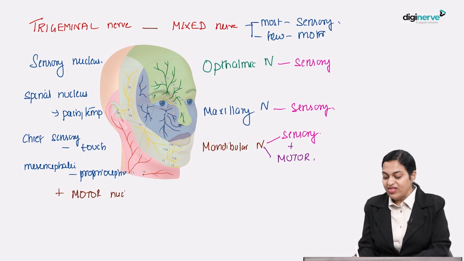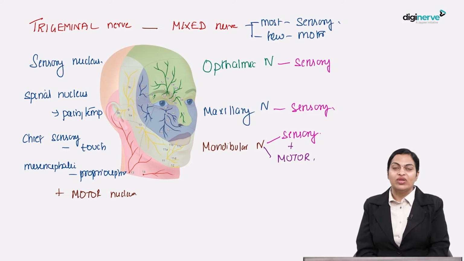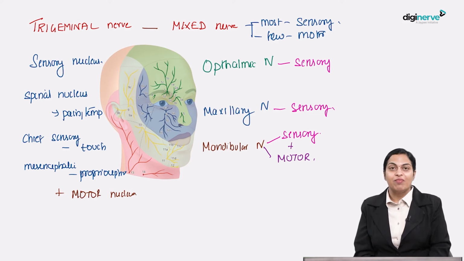So, totally 3 sensory nuclei and 1 motor nucleus. The motor nucleus is going to supply the 4 muscles of mastication, masseter, temporalis, medial pterygoid, lateral pterygoid, and 2 tensors, tensor tympani, tensor veli palatini, and 2 more, the anterior belly of digastric as well as the mylohyoid.